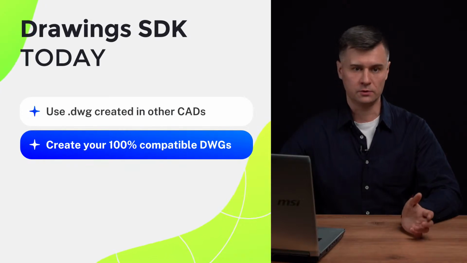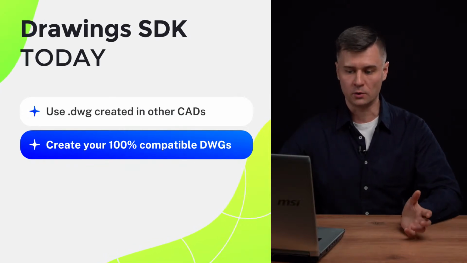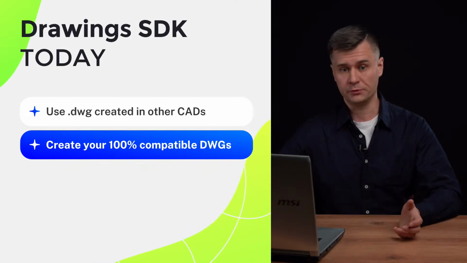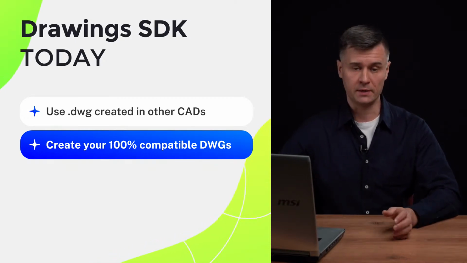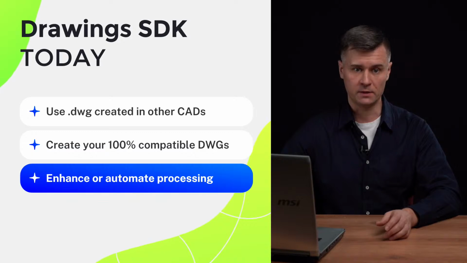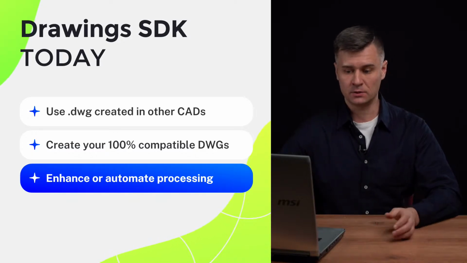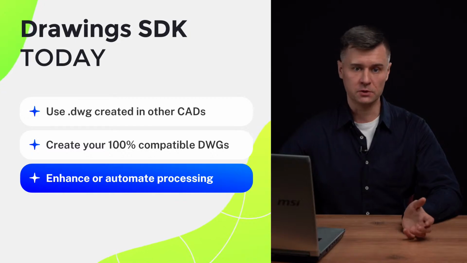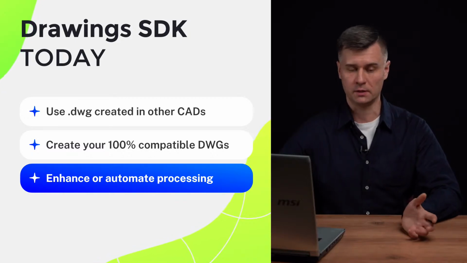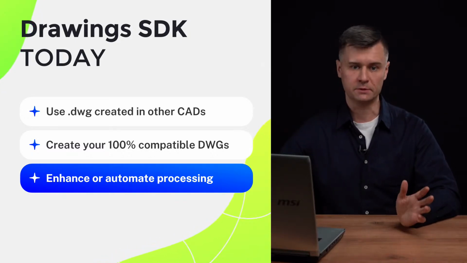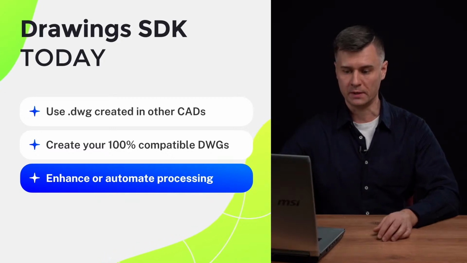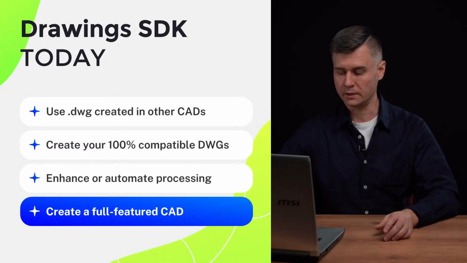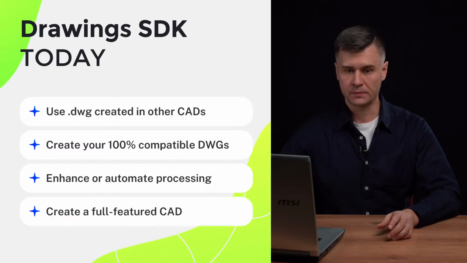You can use Drawings SDK to create your own 100% compatible DWGs that will be further used in workflows based on the software of other vendors. You can enhance or automate different processes that are initially made manually by creating scripts and software to automate them, or build a full-featured CAD editor, as already mentioned.